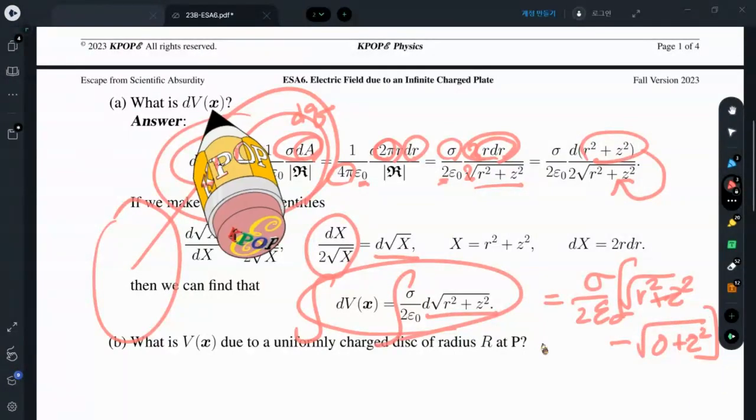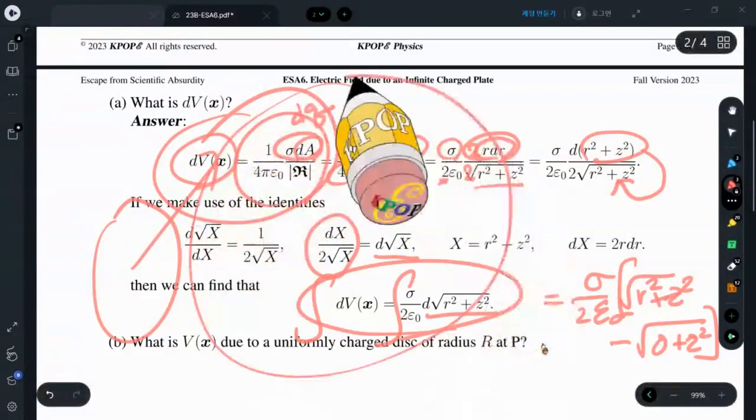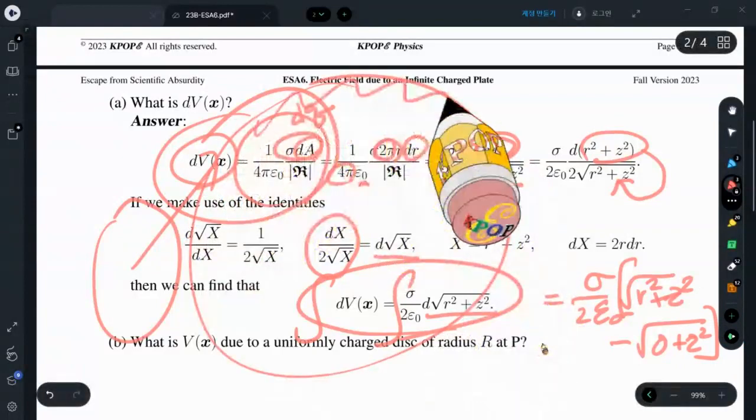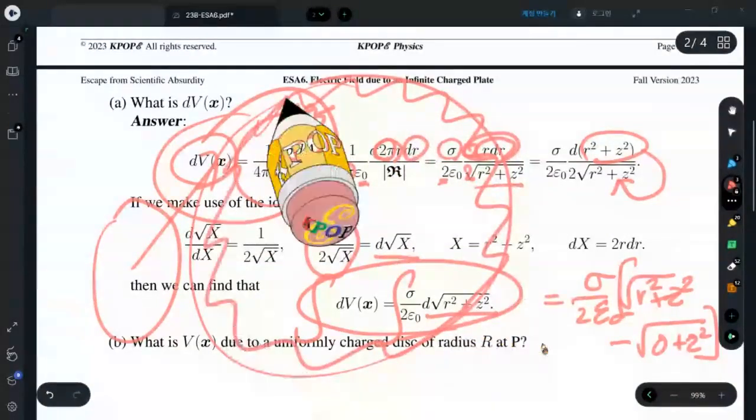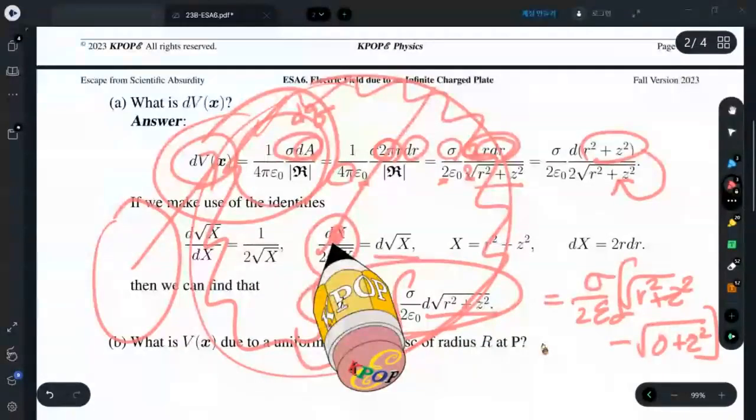Our potential is not the final destination, our final destination is the electric field, and this divergent behavior is just due to the fact that we have integrated over a very large space a large amount of charge very far away from this origin.